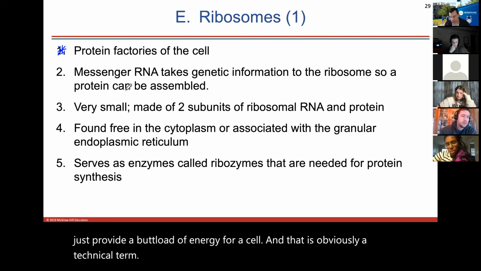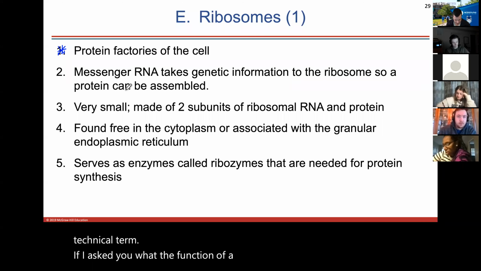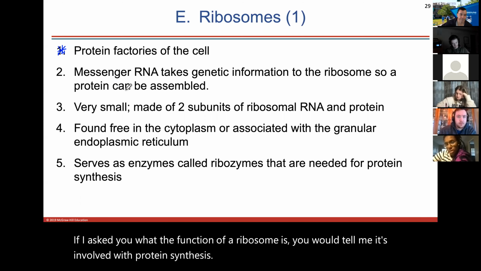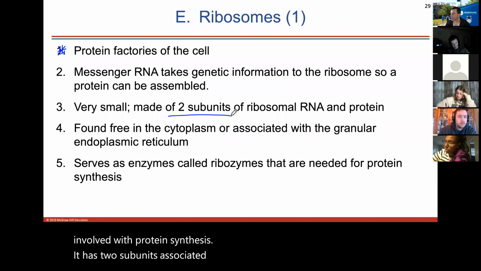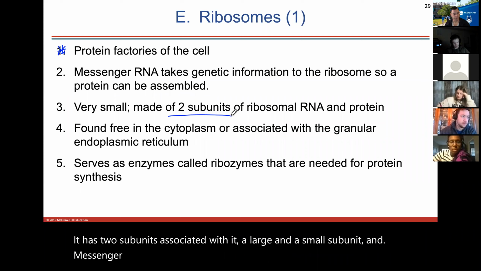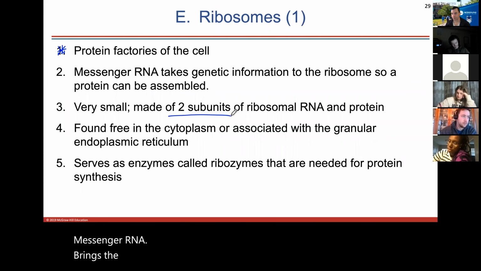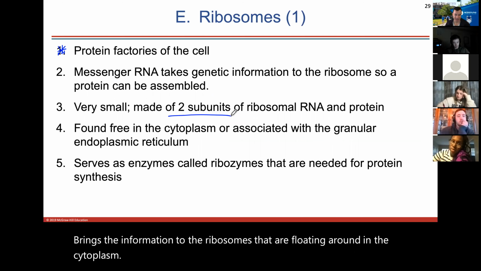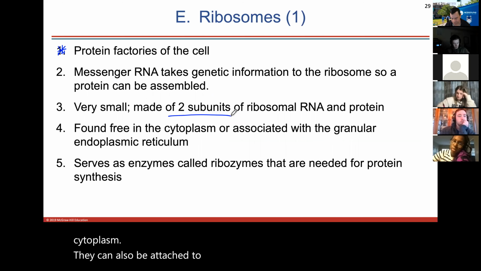If I asked you what the function of a ribosome is, you would tell me it's involved with protein synthesis. It has two subunits associated with it, a large and a small subunit. And messenger RNA brings the information to the ribosomes that are floating around in the cytoplasm. They can also be attached to endoplasmic reticulum as well, okay?